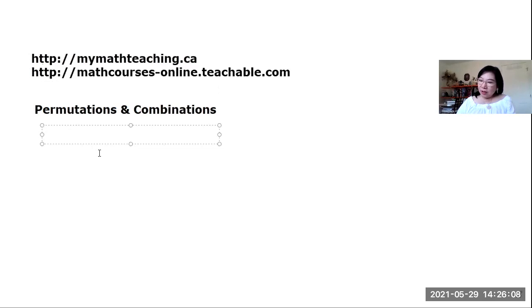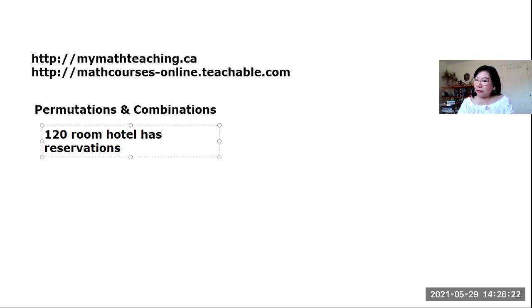So the first question is, a 120-room hotel has reservations from 6 guests for 6 different rooms.